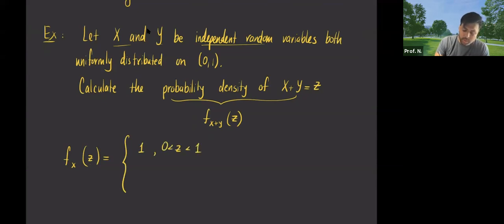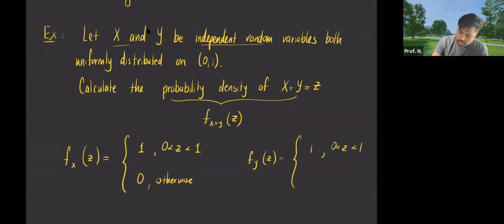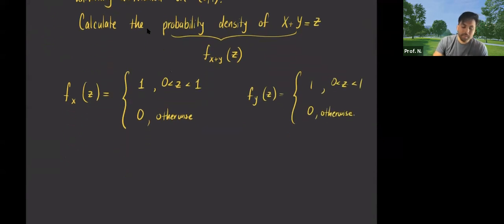This is the uniform, and 0 otherwise. That's what it means to be uniform. And then same thing goes for y. f of y at the specific value z is 1 when z is between 0 and 1, and it's 0 otherwise.